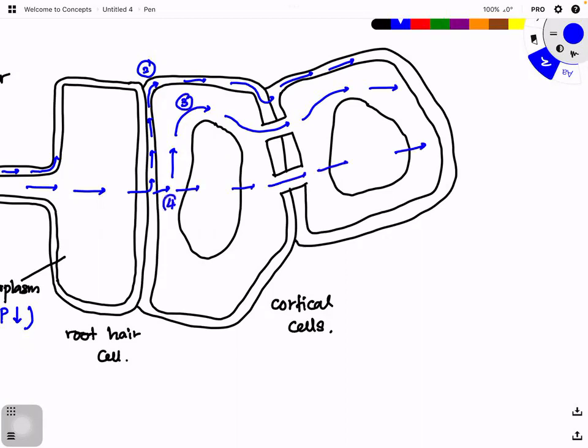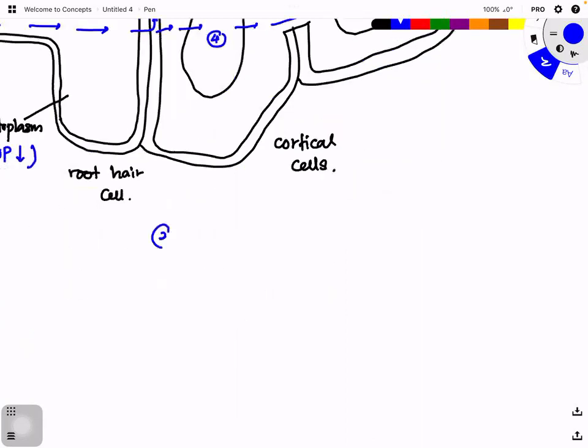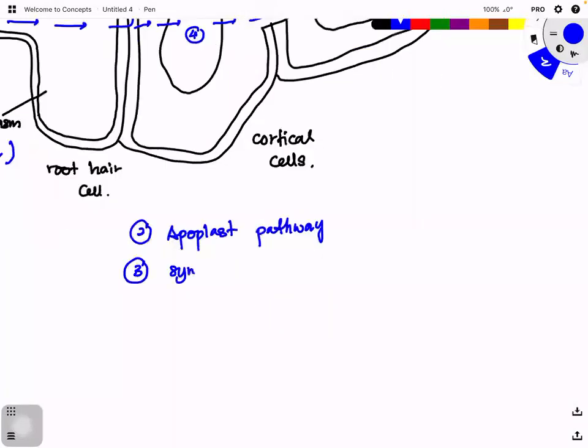So sorry, I don't want to go through the detail again for number 2, number 3, and number 4. I just summarize here. Number 2 is the apoplast pathway. Okay, number 3 is the symplast pathway.